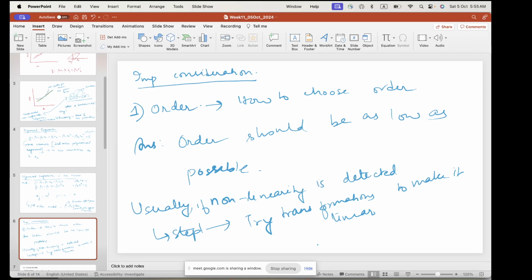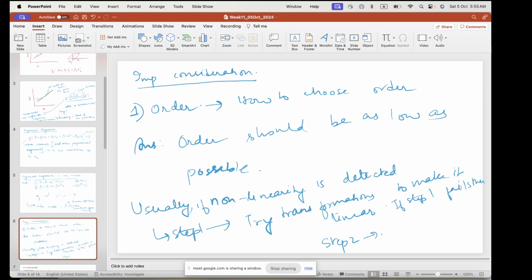So the first step is we should try such transformations to make the relationship between y and x linear if it is possible, because usually these polynomial or higher order fits are not that encouraged.